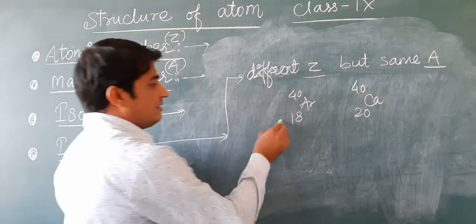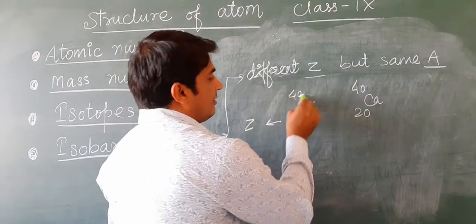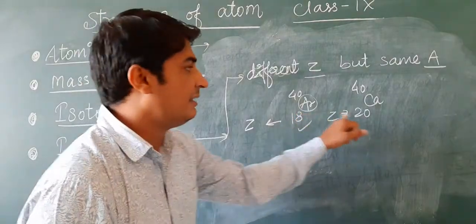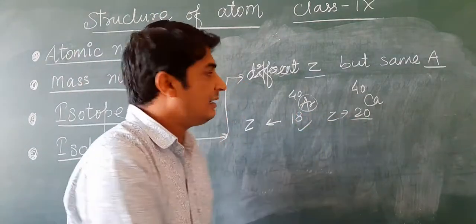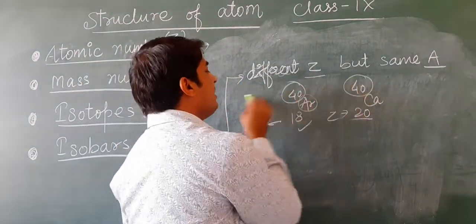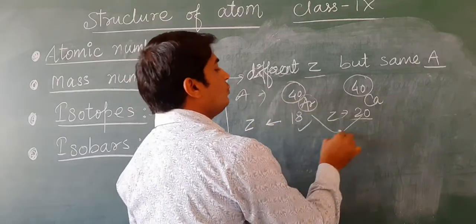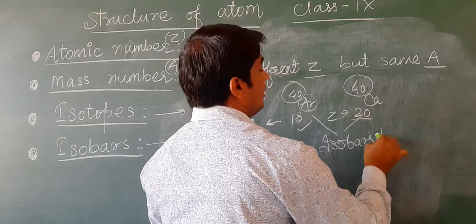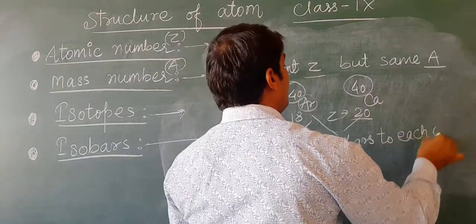What is this? Z is different for both. It is the atom of argon, it is the atom of calcium, but the mass number is similar for both. So these two are isobars to each other.